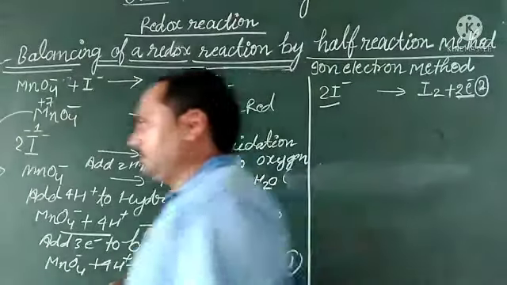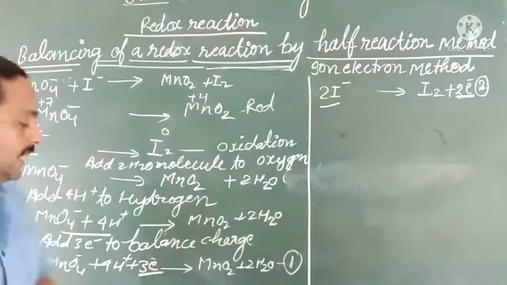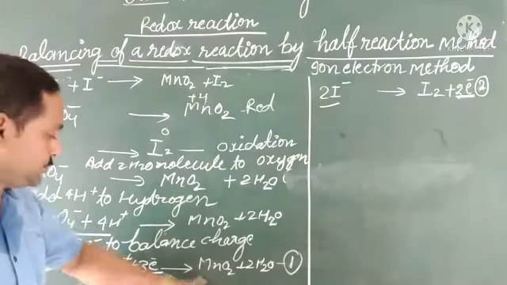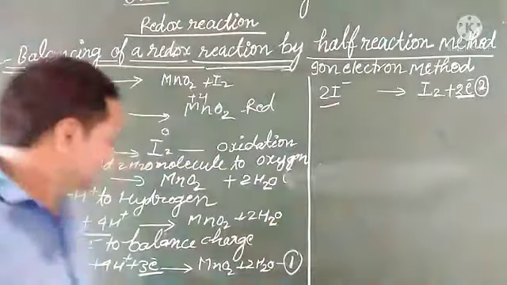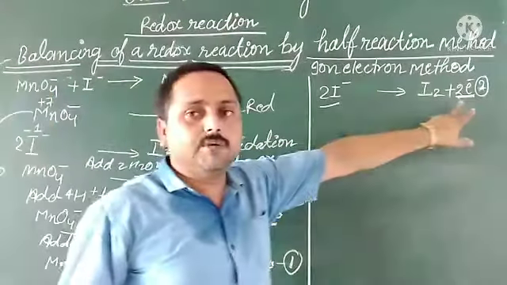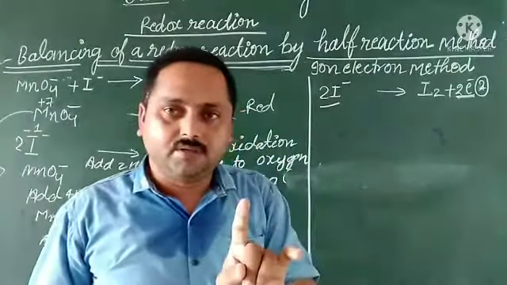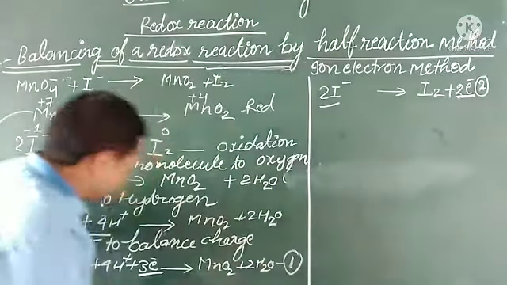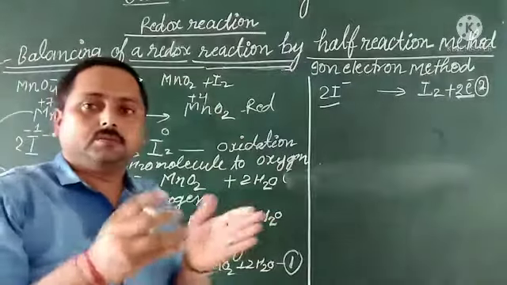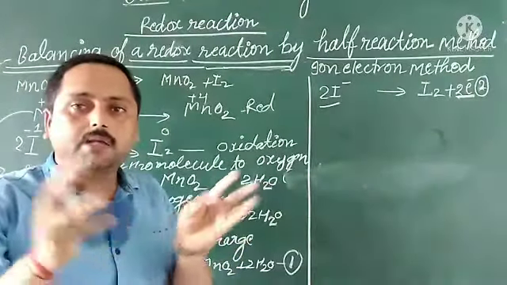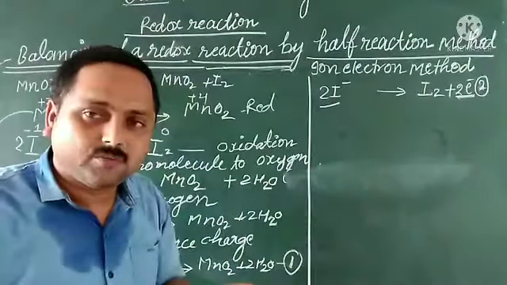So here 3 electrons are there, and there 2 electrons. If I multiply this equation by 2 and that equation by 3, this will be 6 and that also will be 6. Understand this? How will you make electrons equal in both half equations?